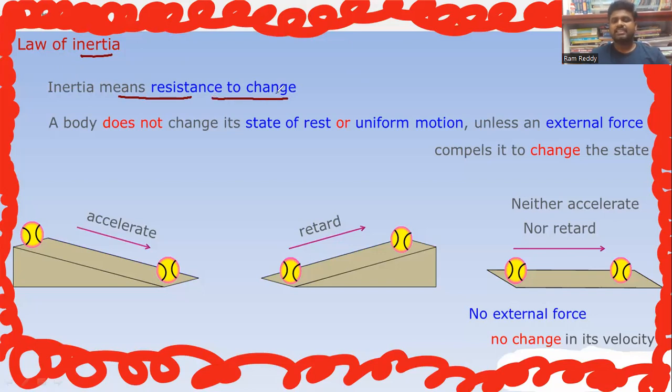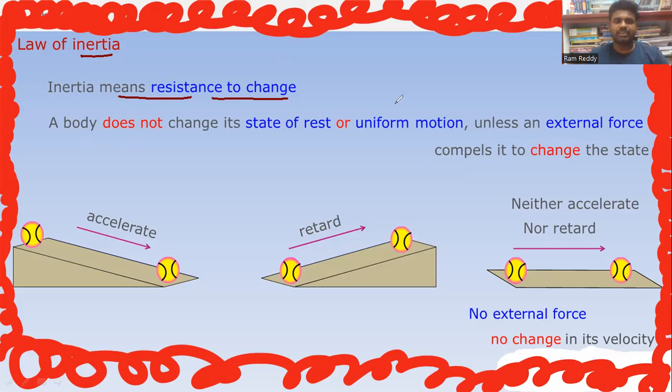Initially the body is at rest, later it is going to change, but that body does not move, so it opposes the change of motion. That is only inertia, meaning resistance to change. If it is initially at rest, it will stay at rest, or if initially it is moving with uniform motion, it won't change. So that is our inertia.